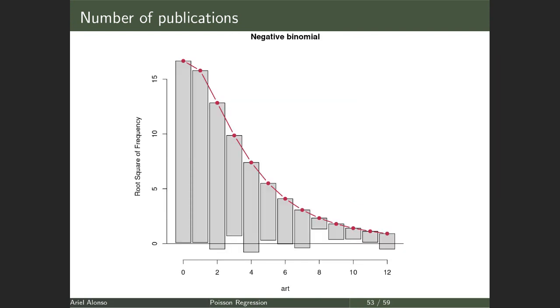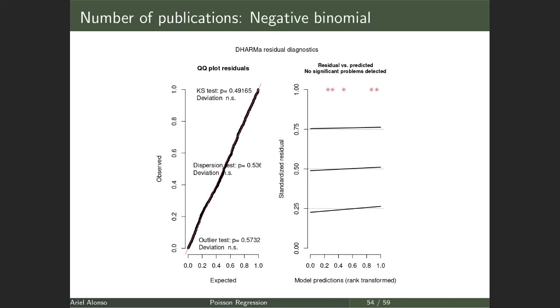And here you have now the root graph that we plotted before, now for the negative binomial model. It looks pretty good to me. Almost all the bars are in the correct place. There is some little underestimation here and there for some values, but it looks pretty good. So the negative binomial seems to be doing a good job.